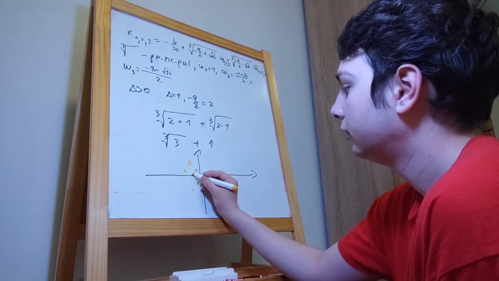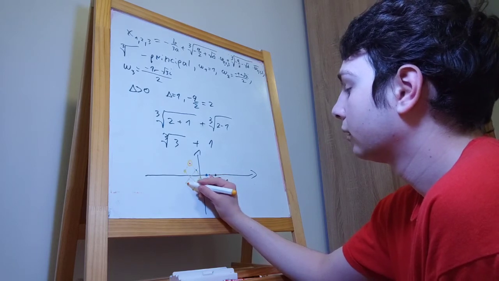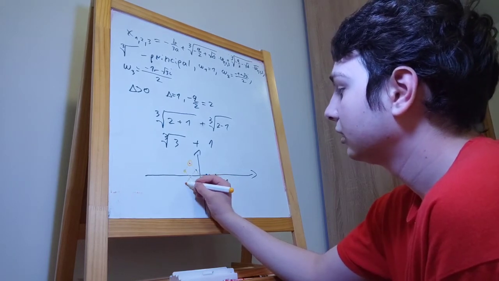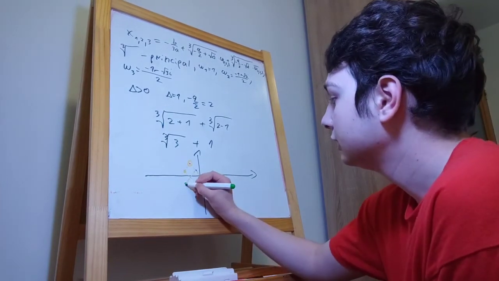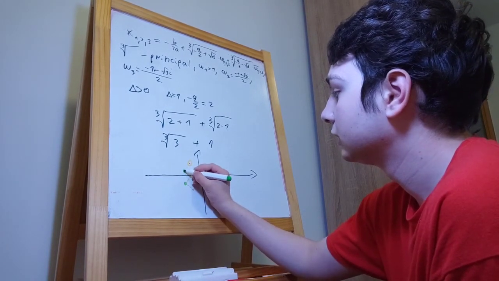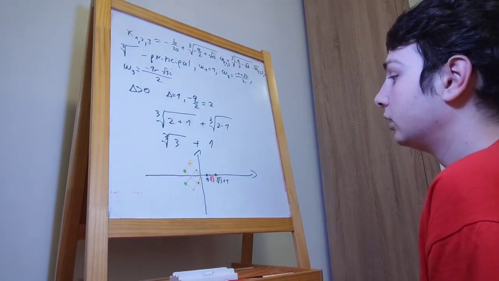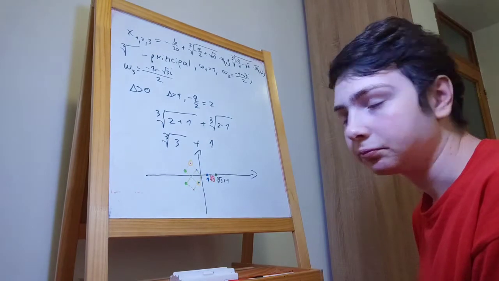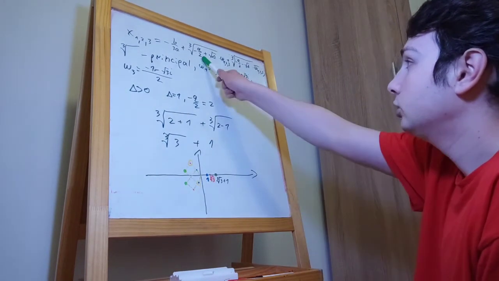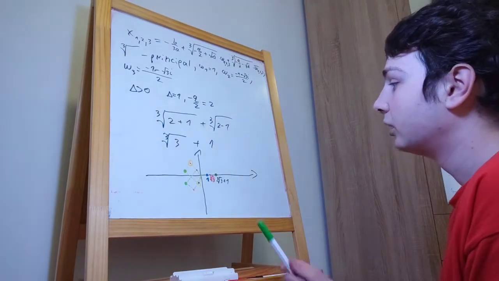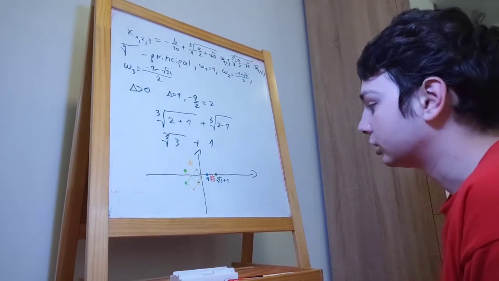And now if we add this together, let me make this in green. This is our third solution, this is a solution, and this is a solution. So by the nature of these cube roots, we have one real solution and two complex solutions.